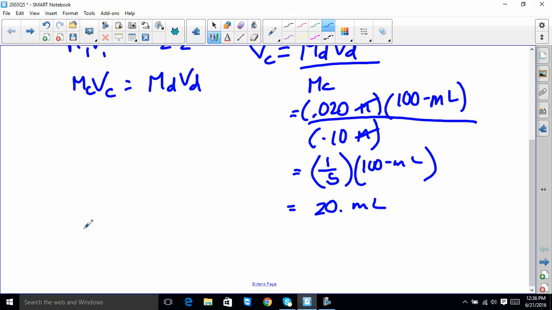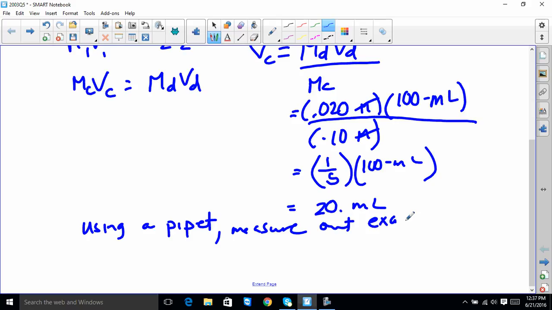Using a pipette, because it said in the words, a pipette or a burette, so pick one, measure out exactly 20 mils of 0.10 molar CoCl2 solution.